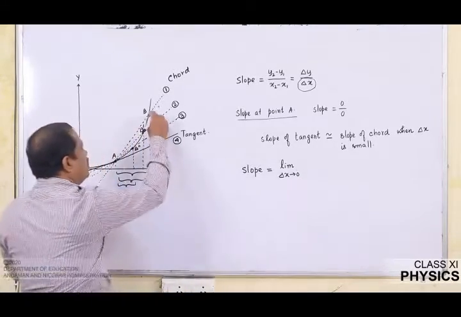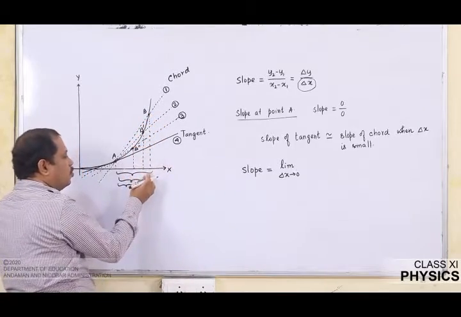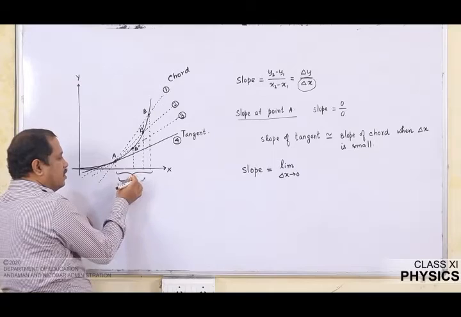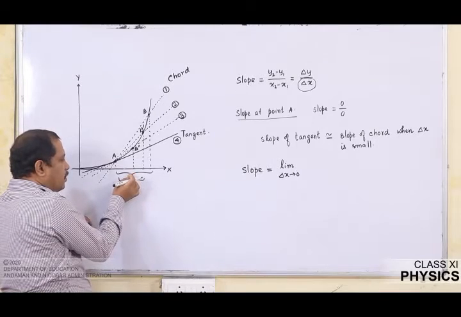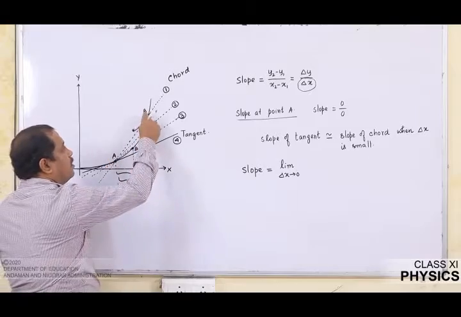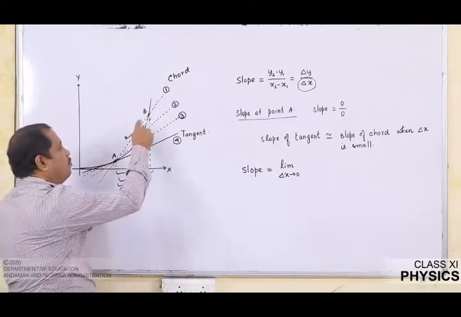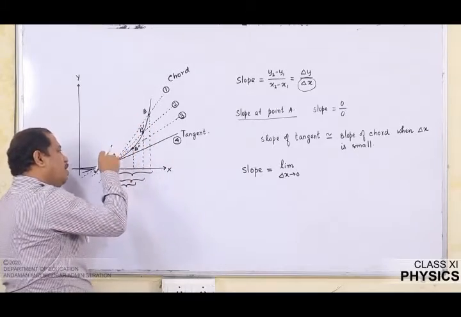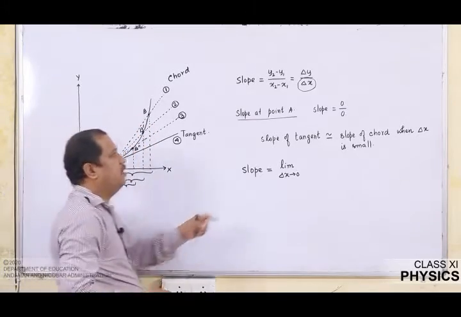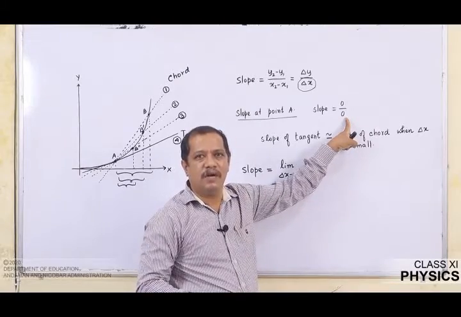That means I am bringing B closer to A, and delta x goes on decreasing. I will reduce the value of delta x as small as possible, but I will never make the point B exactly on A, because when I place B on A, my problem is 0 by 0. I do not have any method to evaluate this.